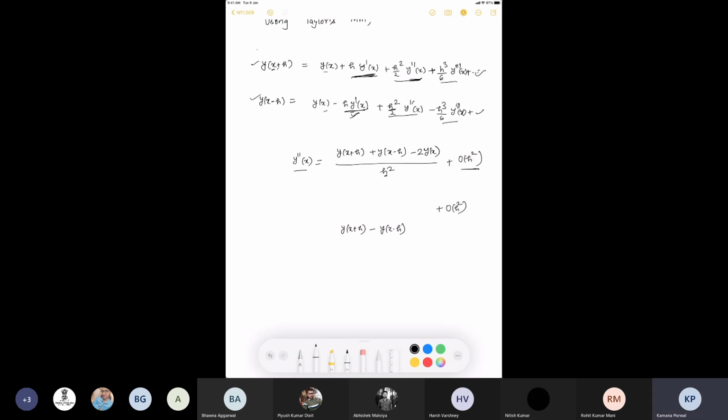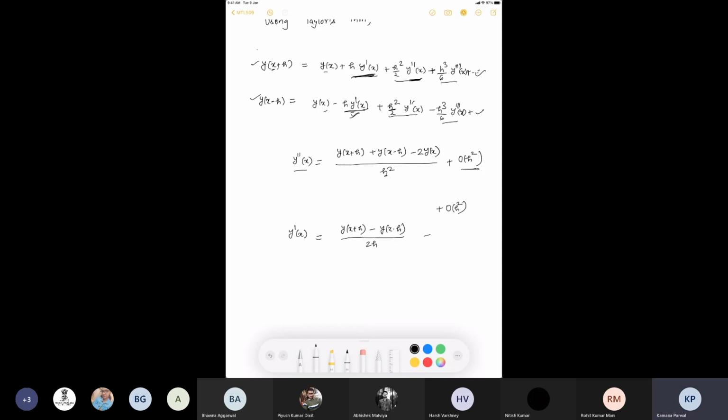The second term is going to give you 2h times y prime x. And when you're subtracting, the third term will cancel out. And then you will get h cube divided by 3 into y triple prime x, right? So everything I'm going to divide by 2h. This is going to give me y prime x.